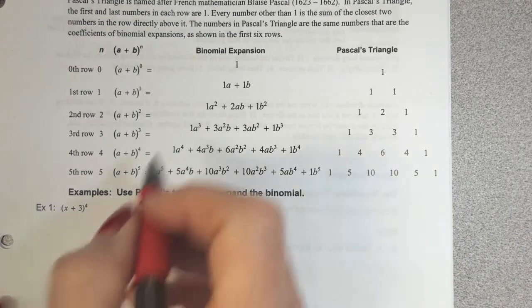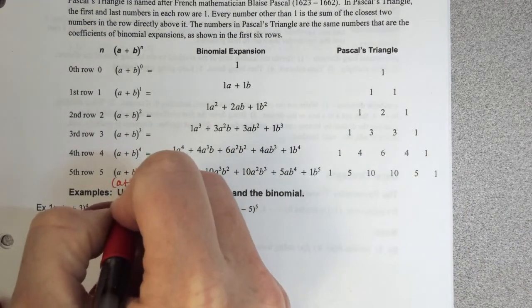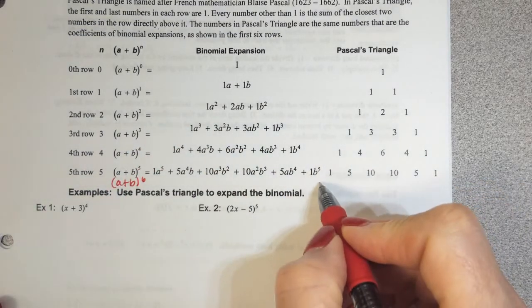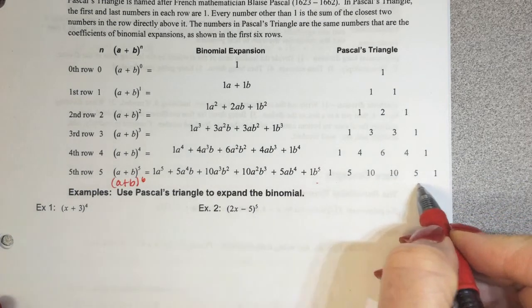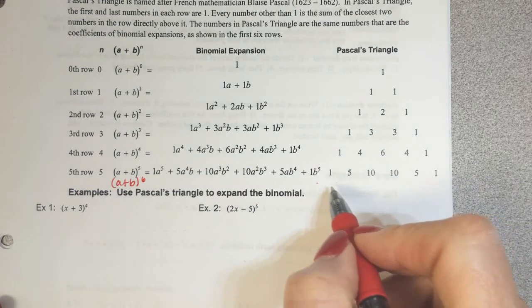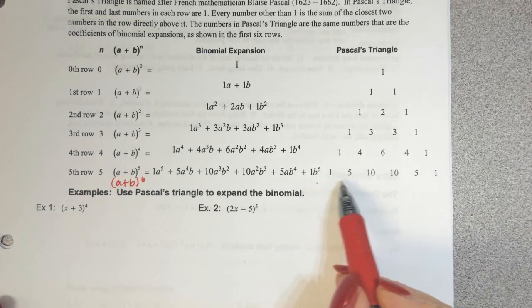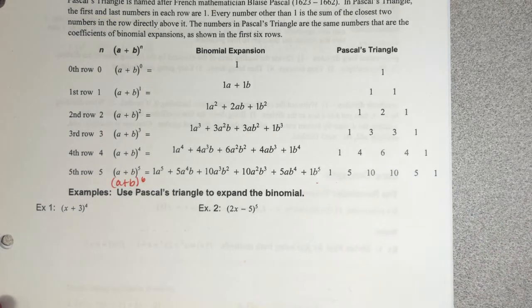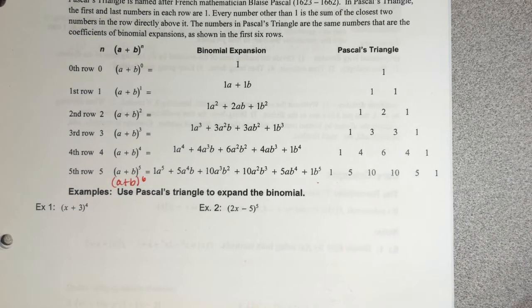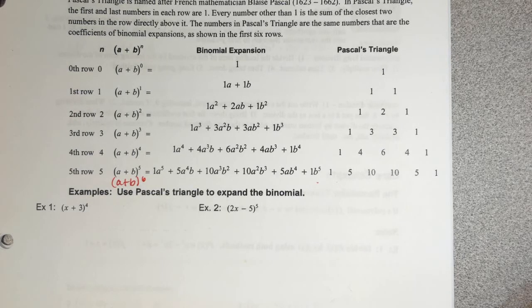Could you guys now figure out what a plus b to the 6th would be? What this next level of his triangle would be? I want to give you just a few seconds to try to figure out what this would be. Anybody got it?